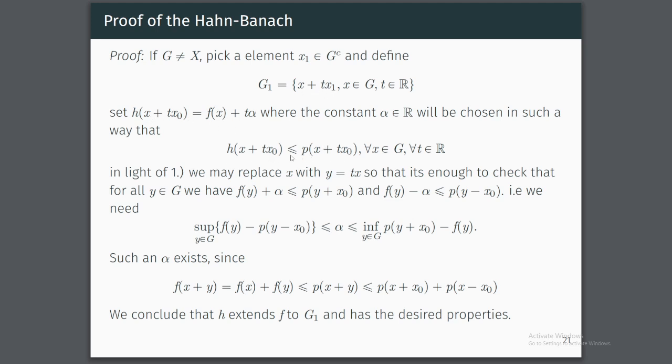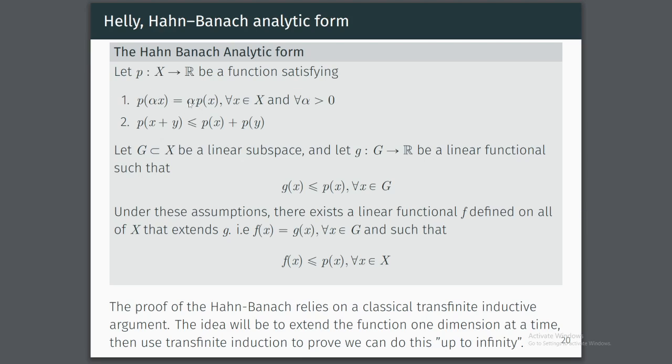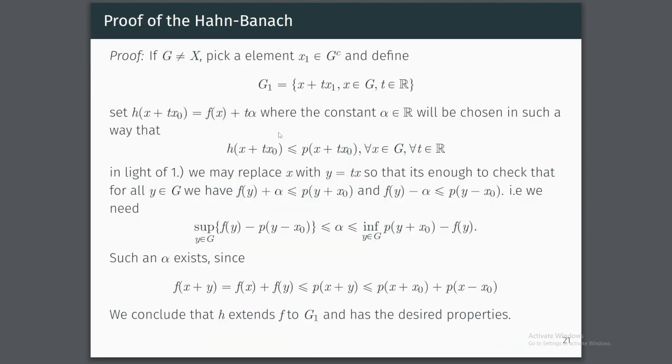Okay? How do you ensure that this is actually true? Think about it. We want f of x plus t alpha to be less than p of x plus tx0. And that's essentially how we're gonna pick alpha. We're gonna pick alpha so that this is true. Okay? First of all, because of the first property, we don't need to worry about the t itself.